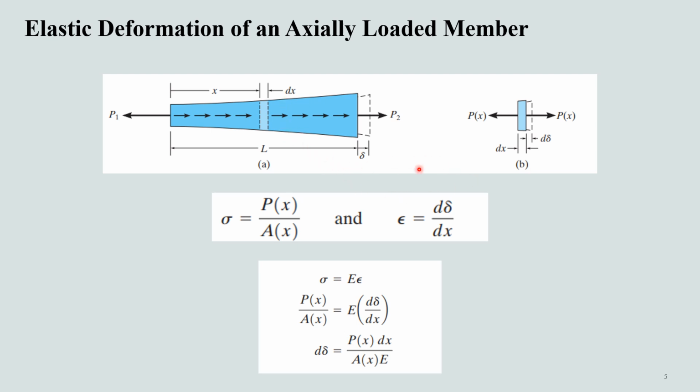We'll take a small section of length dx of this bar, and this is the free body diagram of this cross section. The resultant internal axial force will be a function of x, since the external distributed loading will cause it to vary along the length of the bar.